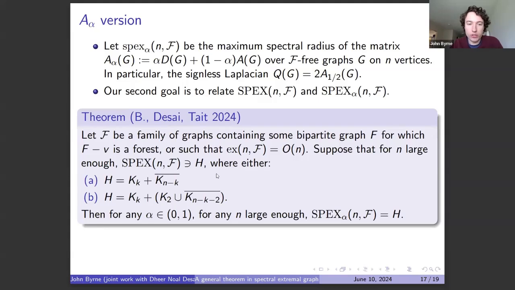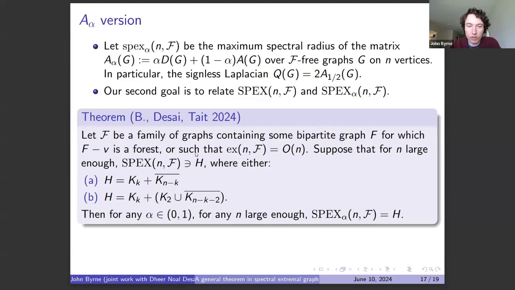I think the intuitive reason why we can get away with slightly weaker assumptions here is that the presence of this diagonal degree matrix even more strongly incentivizes having high degree vertices than does the adjacency matrix. So the importance of having dominating vertices is just so large that it's easier to force the extremal graphs into that structure.